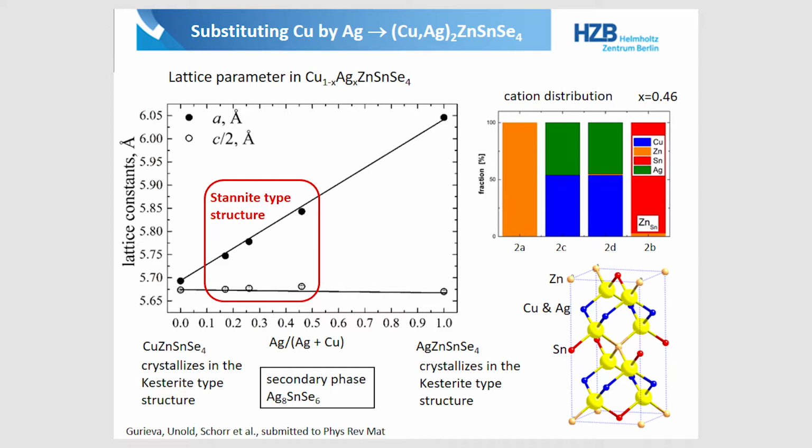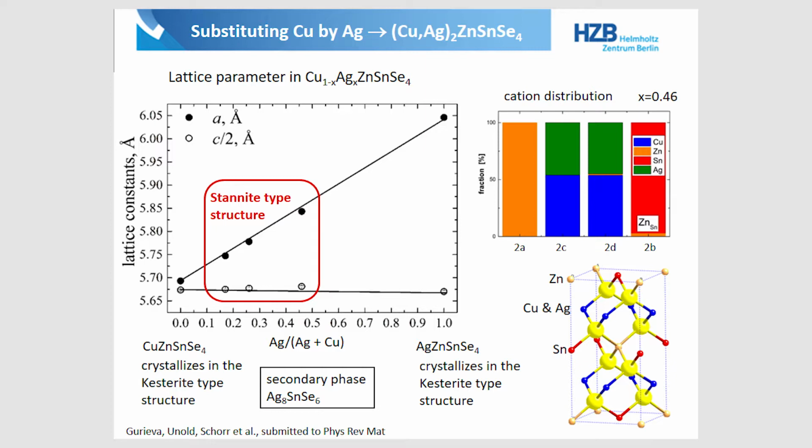So we did the neutron diffraction experiment, and this is the cation distribution we determined experimentally. On the 2A site now, there is no copper anymore. All the zinc is on the 2A site. On the 2C and 2D sites, you have copper and silver. Of course, they should share a site. And on the 2B site, you have the tin. And now this is not the Kesterite-type structure anymore.